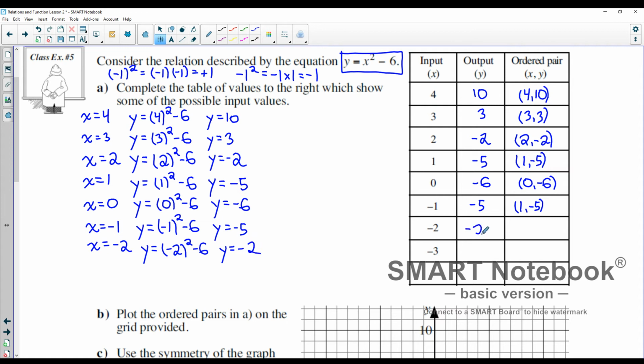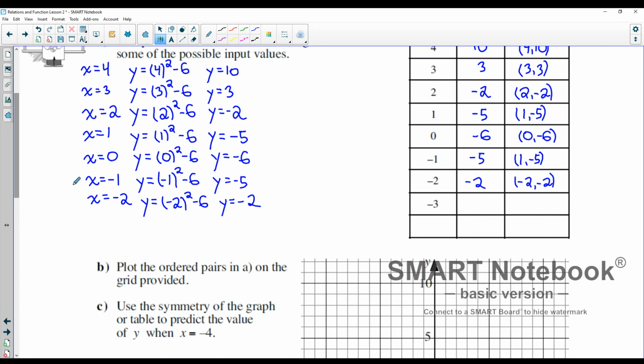So we have negative 2 comma negative 2. And then our final input, we have x is equal to negative 3. So when x equals negative 3, I'd have y is equal to negative 3 all squared minus 6. Negative 3 times negative 3 would be positive 9. Positive 9 minus 6 would be positive 3.